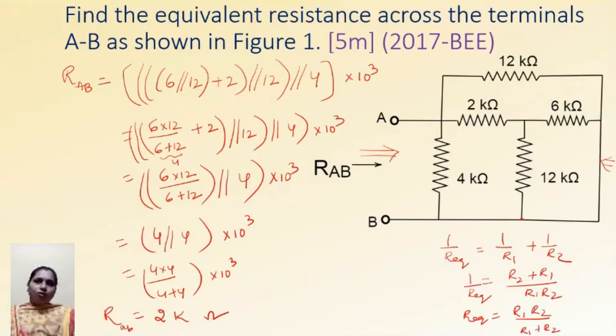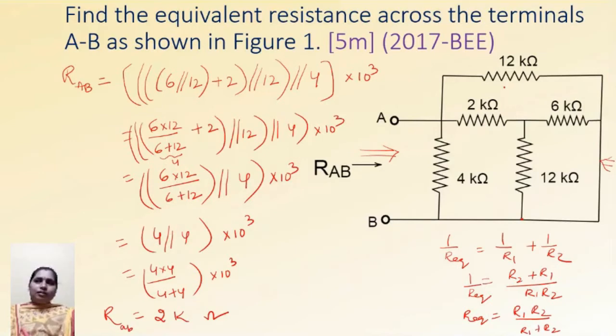So this is how you are going to solve the equivalent resistance from the back side. First you need to check how they are connected, whether in series or in parallel. After that you need to solve in a backward manner. So 6 in parallel with 12, that value is 4. Again 4 is in series with 2, that is 6.